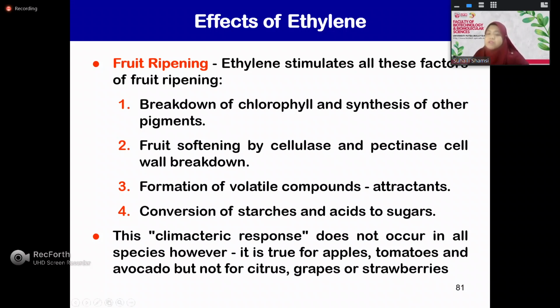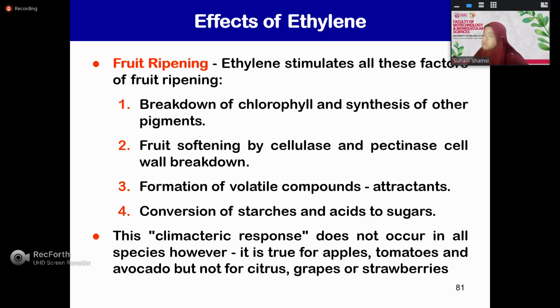So climacteric is basically the process of fruit ripening which is induced by increased production of ethylene and by increased cellular respiration of the fruit itself. Non-climacteric fruit ripening is not accompanied by an increase in ethylene production or cellular respiration.